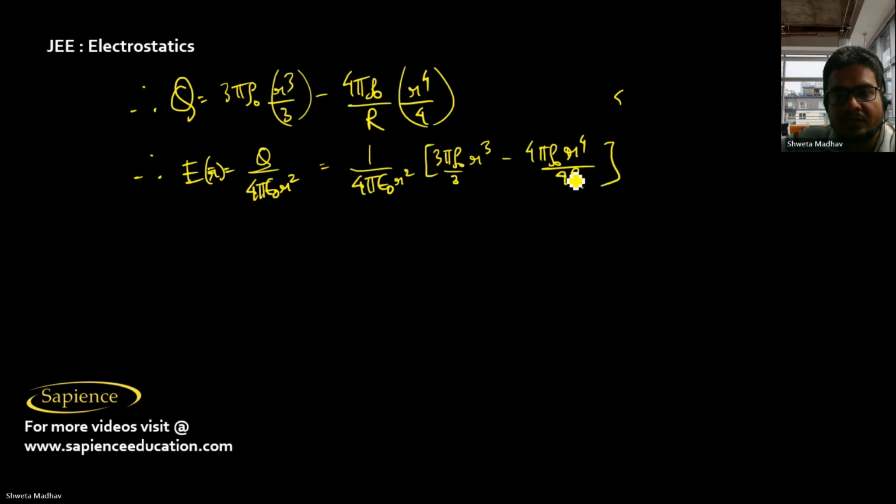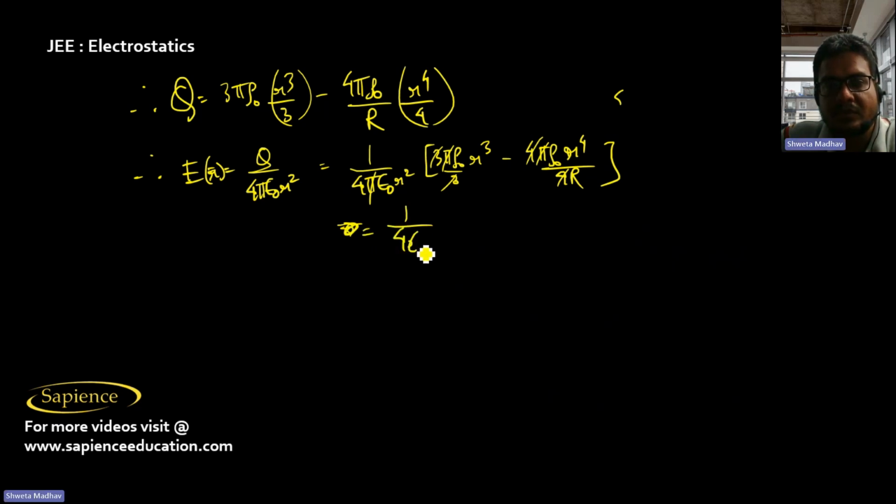Now 4 will cancel, 3 will cancel, then pi will also cancel, and this will be equal to 1 by 4 epsilon naught r square into, from here also r square I can take as common, and rho naught also I can take as common.